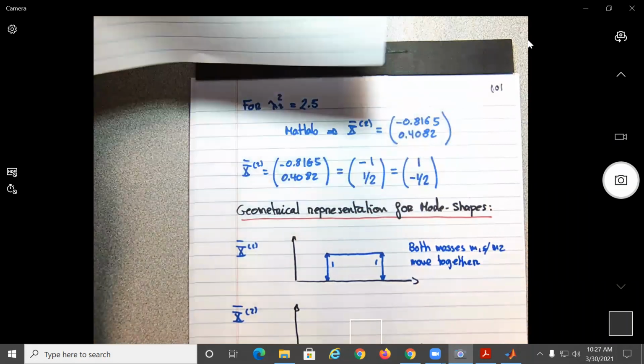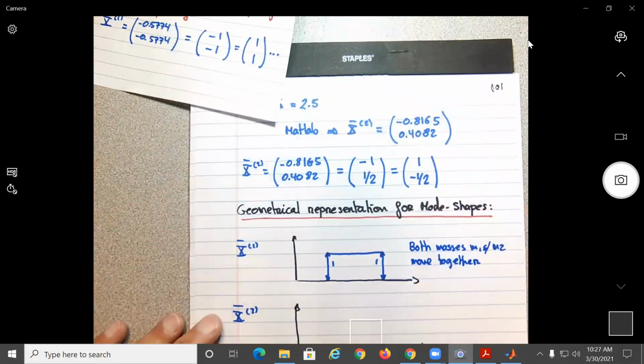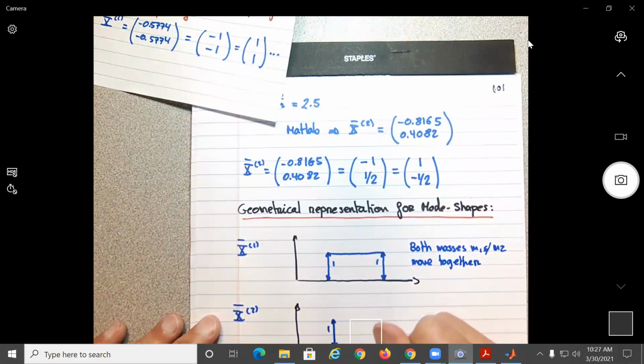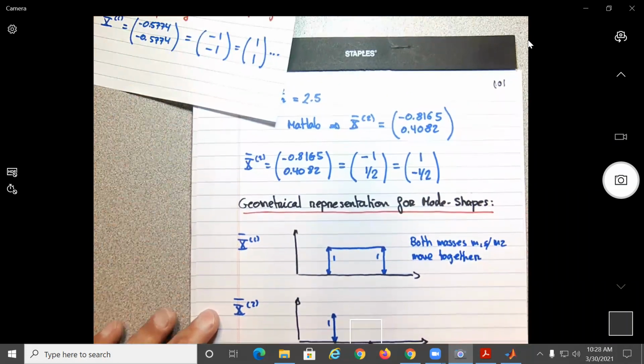Now, if we use this one to represent x2, what would that give us? When this one is moving 1, M2 will be moving the opposite, no?